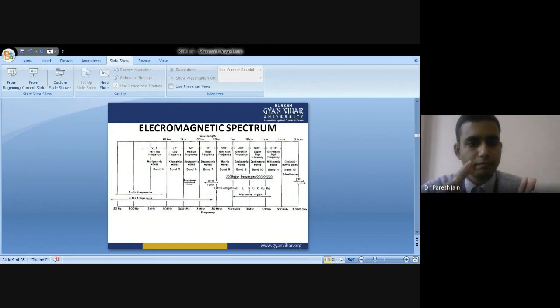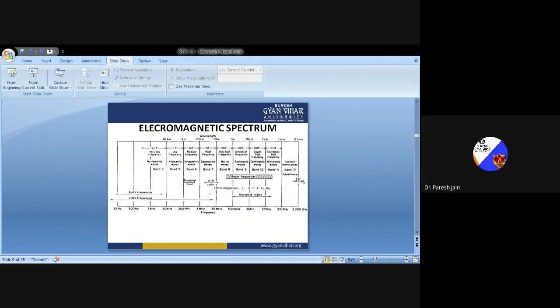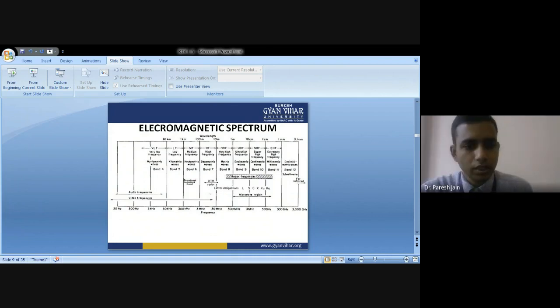Next is battlefield surveillance and identification of friend or foe, and navigation of ships, aircraft, helicopters, etc. Radar is generally used in the military to find enemy aircraft and missiles and targets.